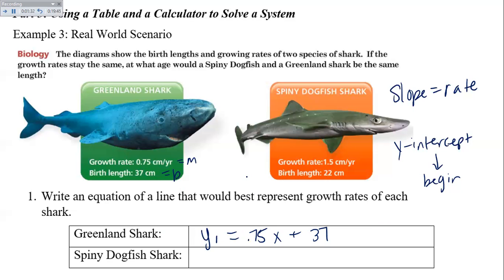Okay. Now for the spiny dogfish, its birth and its growth are right here. So my m and my b. So my y2 is going to equal 1.5x plus 22.